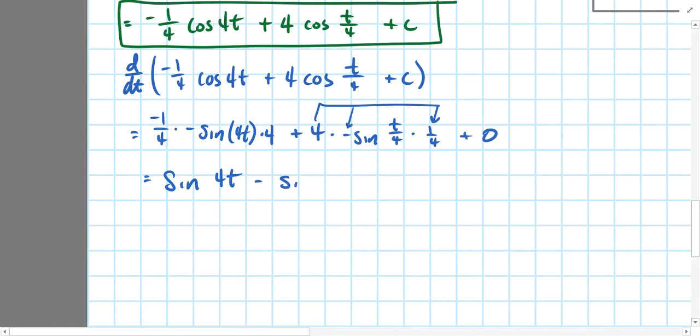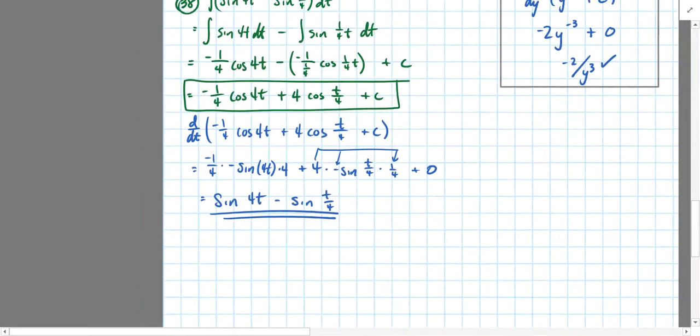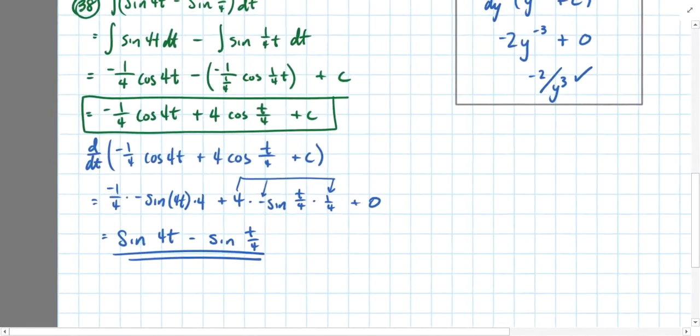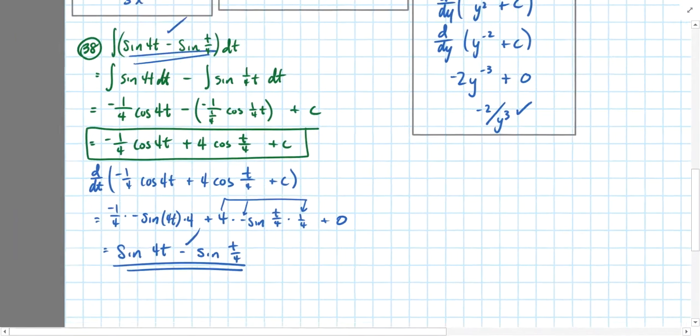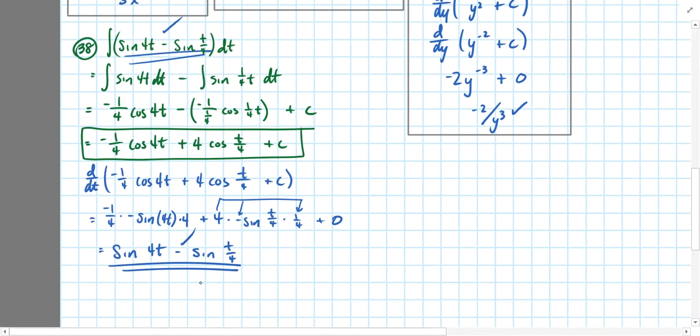So we now have negative sine of t over 4 and plus 0 at the very end. So the derivative of the answer that we thought we had ends up being sine of 4t minus sine of t over 4, which is the same as what we started with. And now we've checked our work, and we're in good shape.